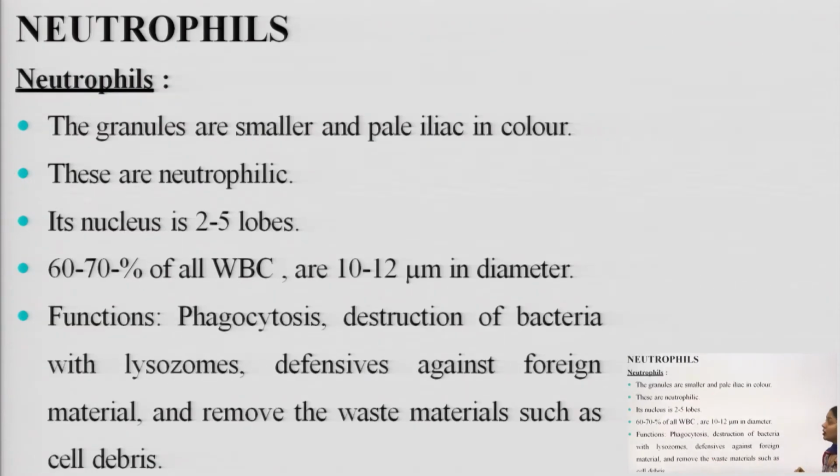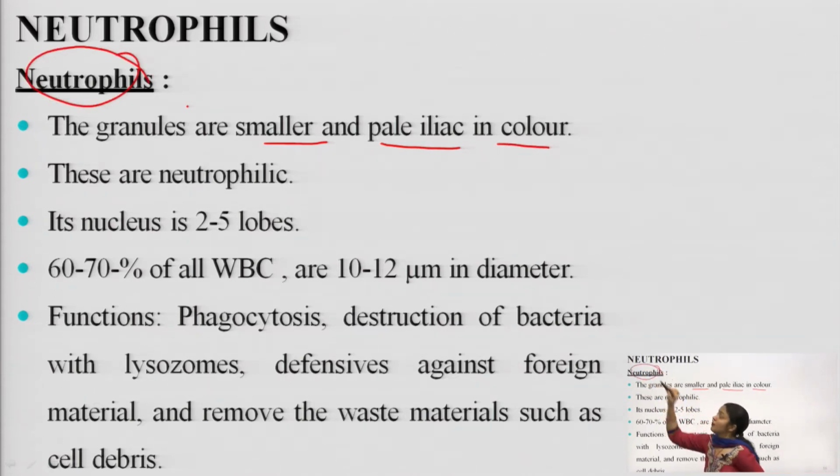Now come to the third one, that is neutrophils. The granules are smaller and pale lilac in color. Because it stains with both the dyes, that's why it is called neutrophil, and they stain purple in color. They are neutrophilic.